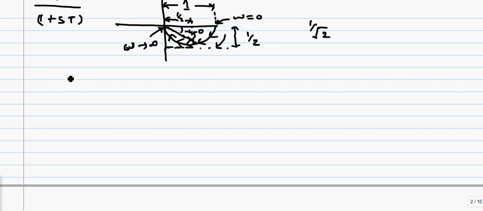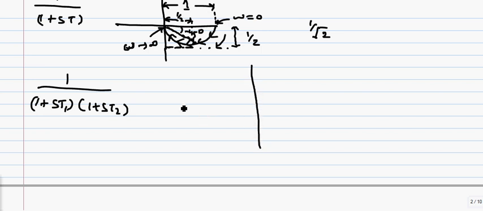If you plot for two simple poles, which is 1 divided by 1 plus st1 times 1 plus st2, the polar plot for this equation looks like this.